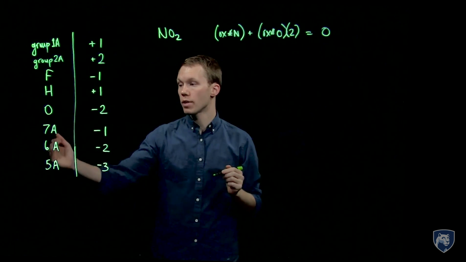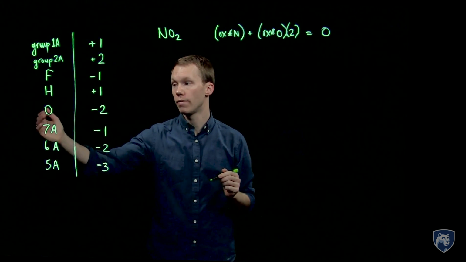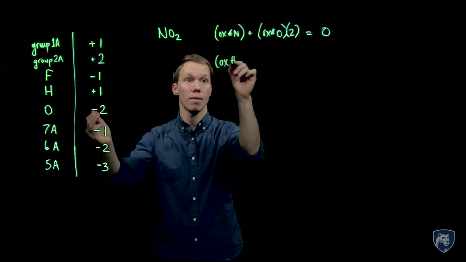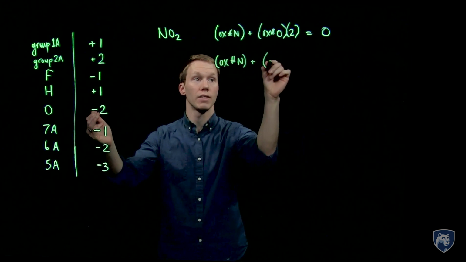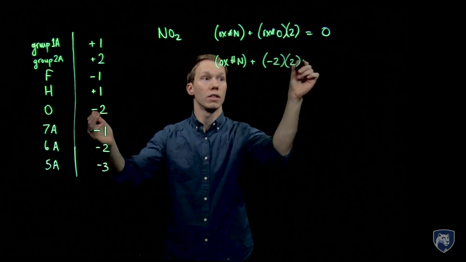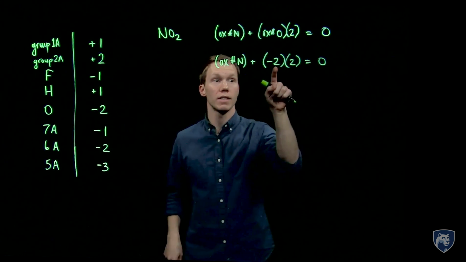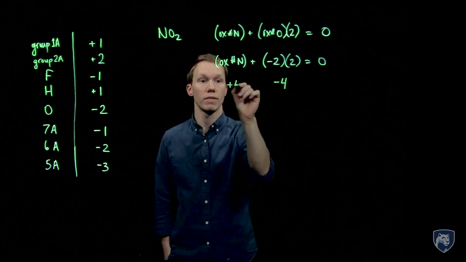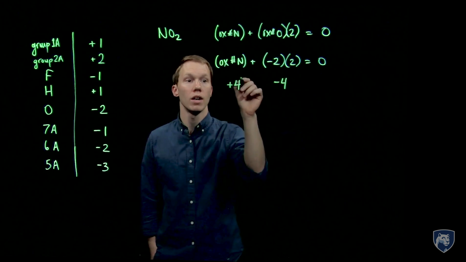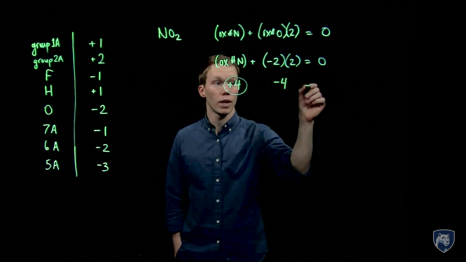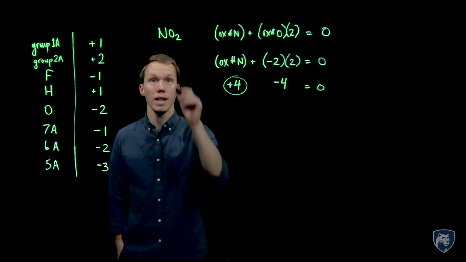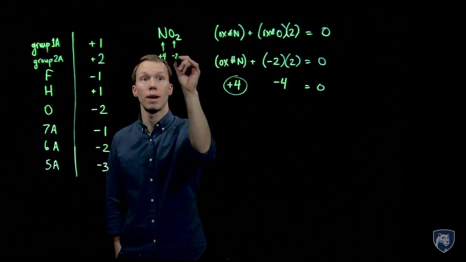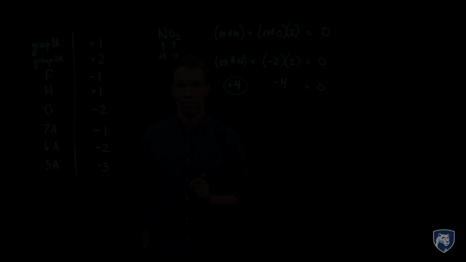We would assign numbers in order, so we find oxygen first would be -2. So we can actually set this up as an algebraic equation and solve for this. So this equals 0. If this is -2 times 2, that would be -4. So oxidation number of nitrogen would have to be +4 for this to work out to 0. Right? So nitrogen would be +4, oxygen would be -2 each.